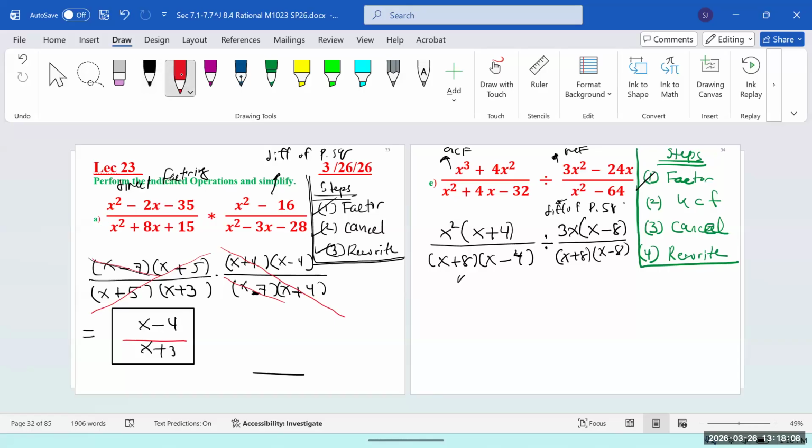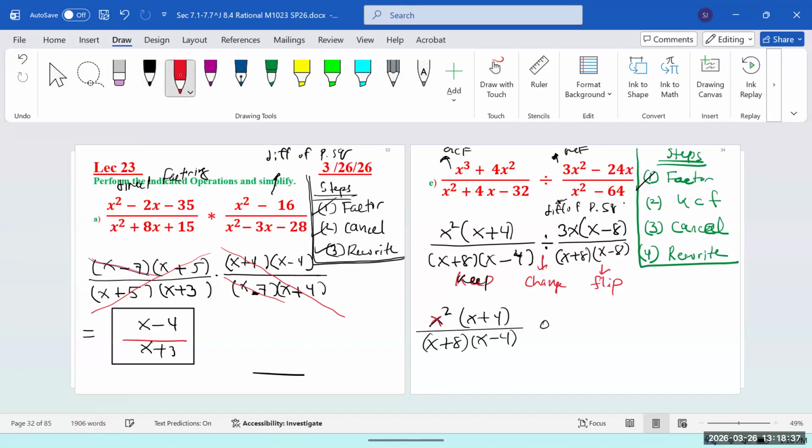We are going to keep this. We are going to change the division into multiplication. And we will flip whatever we have after the division. So x squared, x plus 4, and then x plus 8, x minus 4.